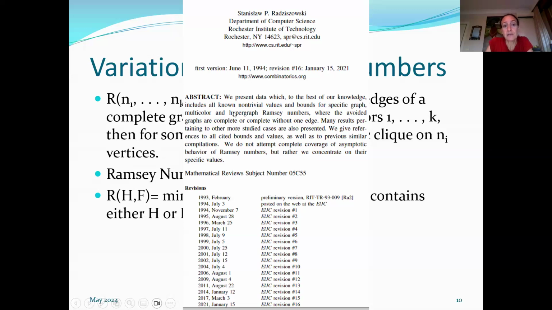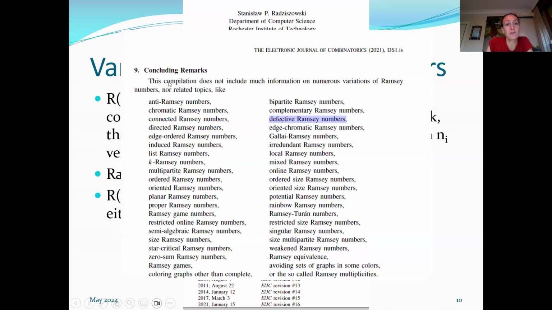And here he focuses on graph Ramsey numbers, multicolor and hypergraph Ramsey numbers. At the end, in the concluding remarks, he gives the list of variations of Ramsey numbers which are not included in this survey.